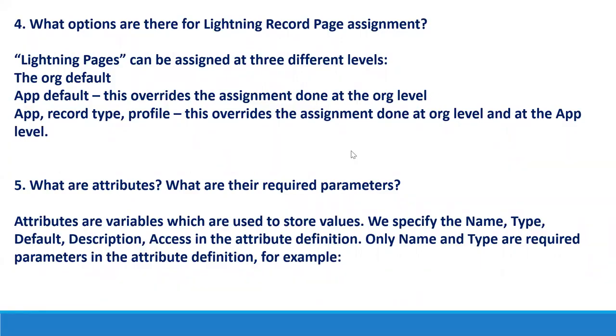Then what options are there for lightning record page assignment? Just now we discussed, right? After creating a lightning page, either application page, home page, or record page, what do we have to do? We can set an org default, or specific profiles can see that page, or based on the application, record type, profile.